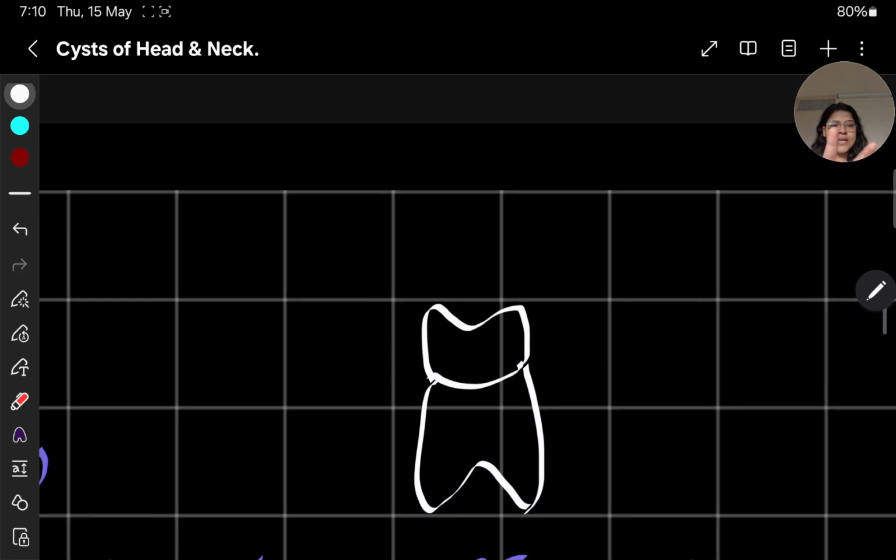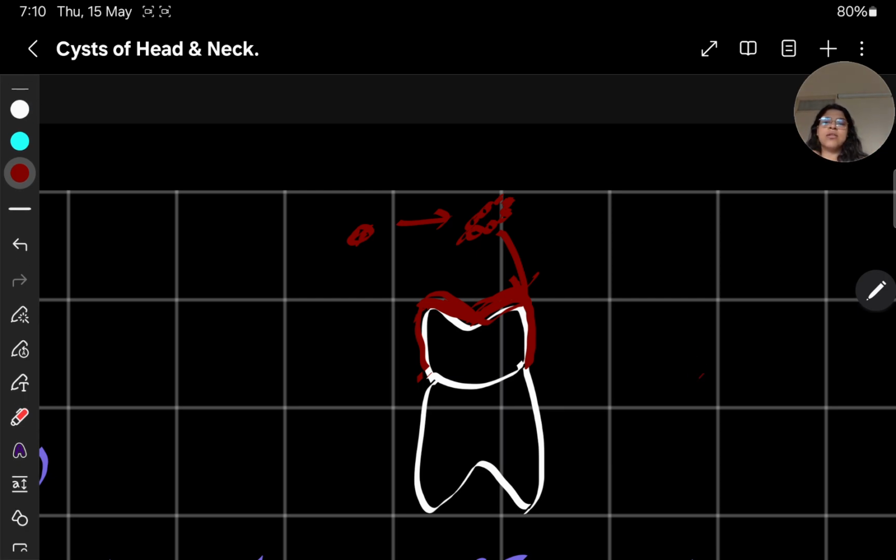So this has its own follicle also. Something like this. It has no cysts, no cystic lumen. But there are some rests in the connective tissue, which proliferate to form a cystic cavity, and this comes and envelopes the tooth.